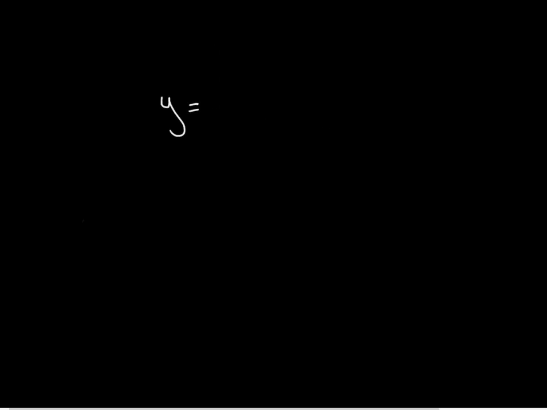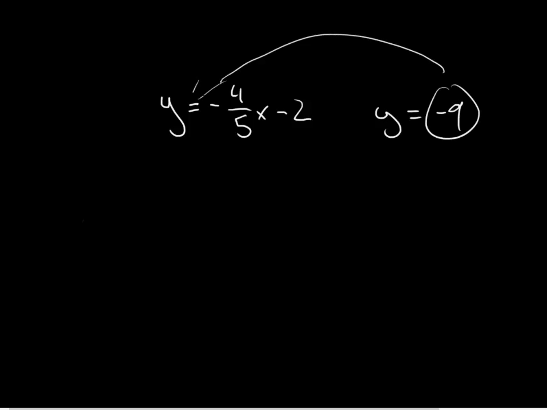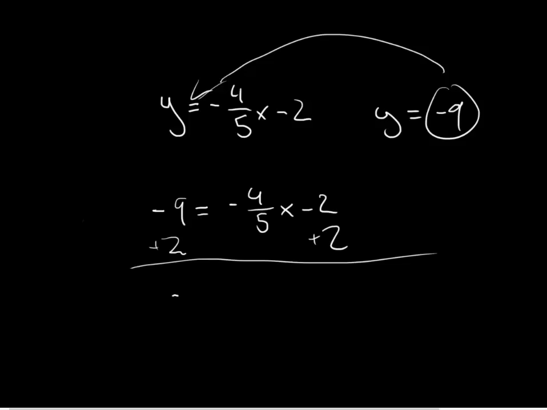And last but not least, you've got a slope-intercept equation and a value for y. So take that value of y and substitute it in. You see a y in the equation and you've got a y value given, so substitute it in and solve. It should be -7 equals -4/5 x.